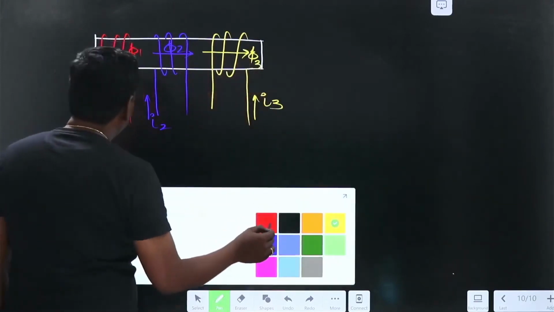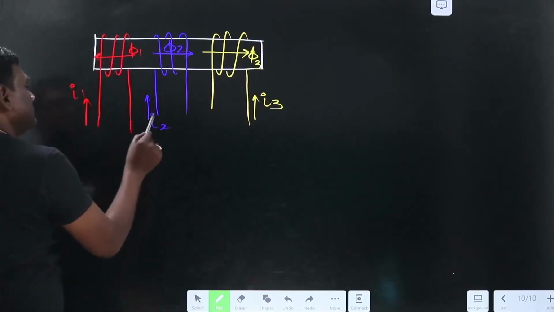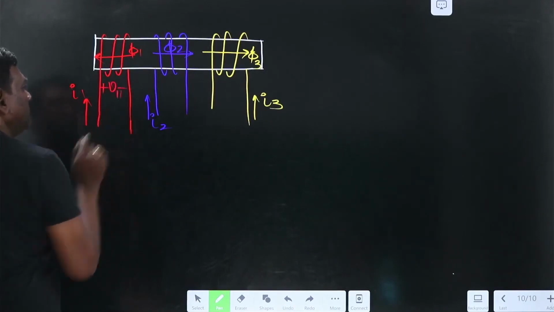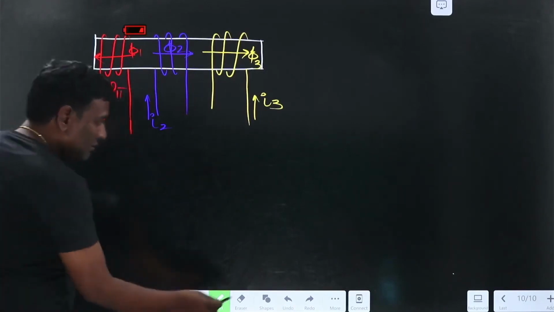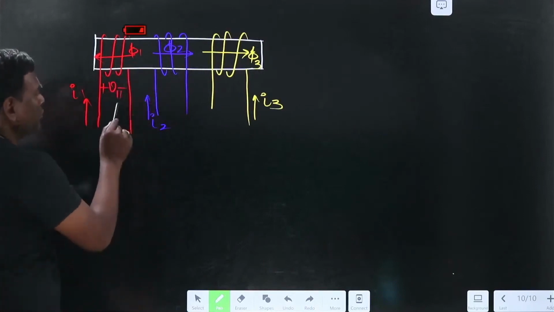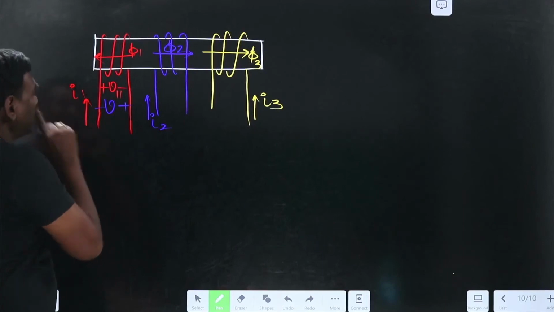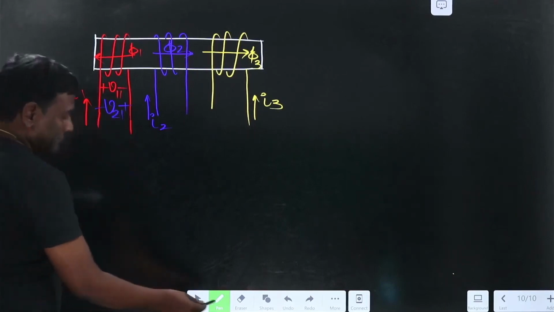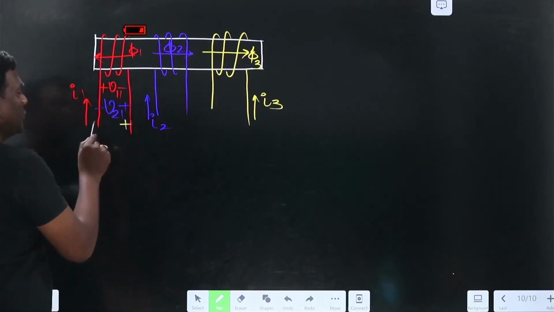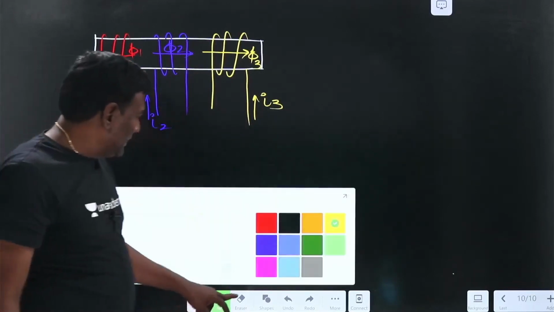Now let us do this quickly. This is entering, so plus minus V11, and because of yellow, opposite direction, so induced voltage should be opposite. This is going to be V because of 2 in 1; because of yellow both are in opposite direction, so it should be against self, V31.